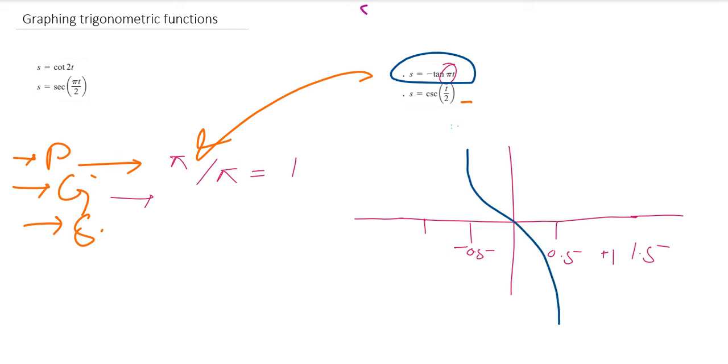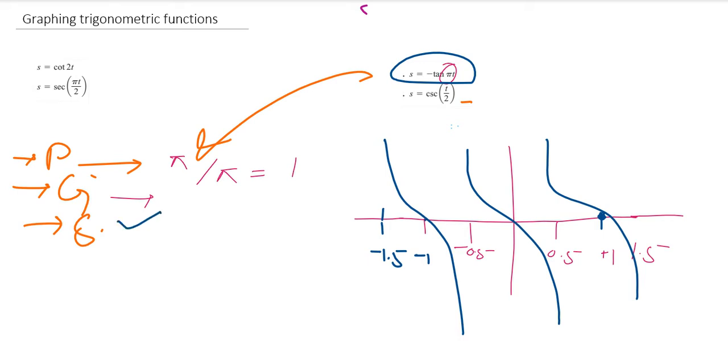So this is the shape of this, and if you want to draw it over here too, you can. That will be -1.5. So this will be the direction of negative tan pi t, and you can see that this is symmetric about the origin.